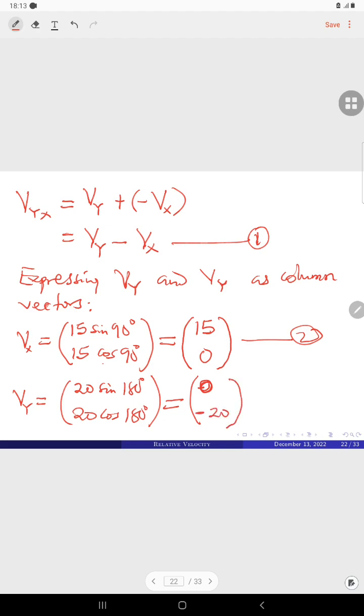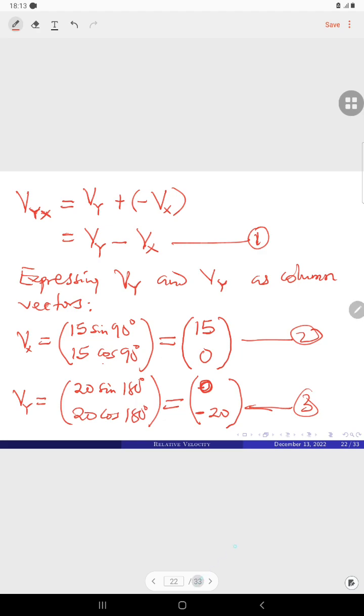Right? Let's call this equation 3. The question wants us to find the magnitude and the direction of the velocity of Y relative to X. So look at this. We are going to put 2 and 3 into 1. Then we are there.